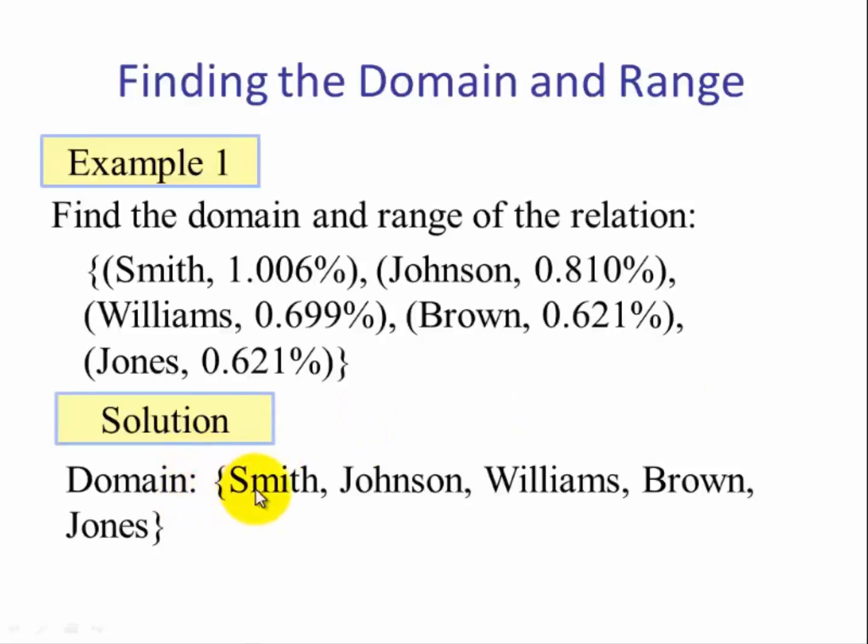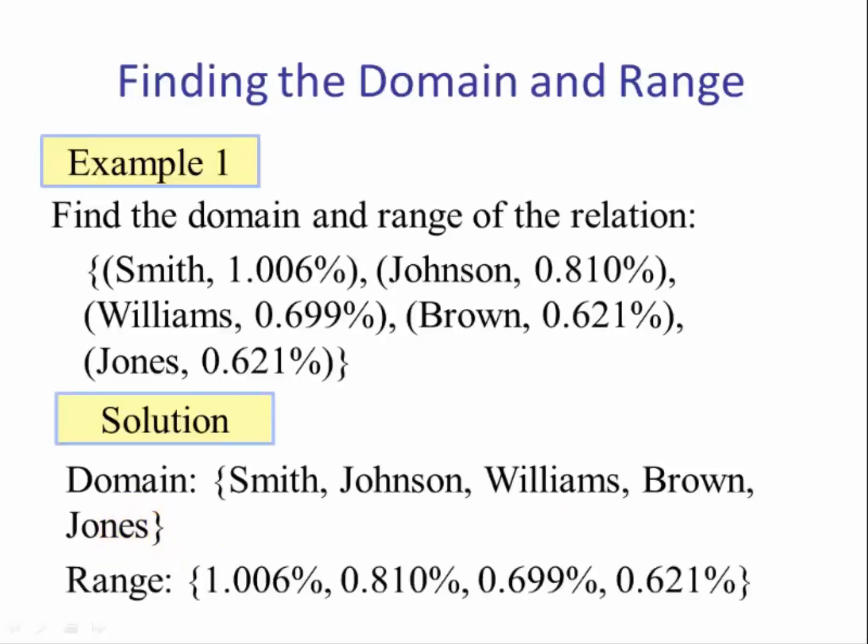So we have fancy parentheses and then you list the members of the domain. So the range would be fancy parentheses 1.006%, 0.810%, 0.699%, and 0.621%. We don't have to write this twice.